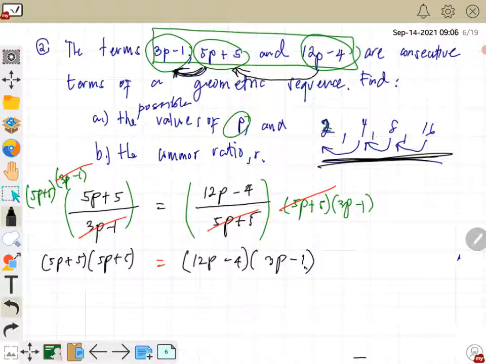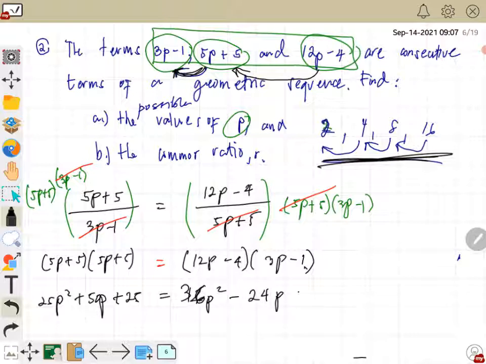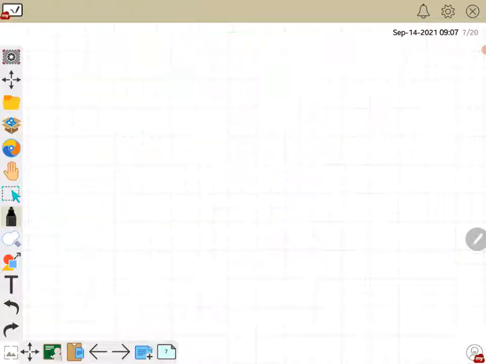Simplifying further, on the left side we get 25p square plus 50p plus 25. The other side we get 36p square minus 24p plus 4.